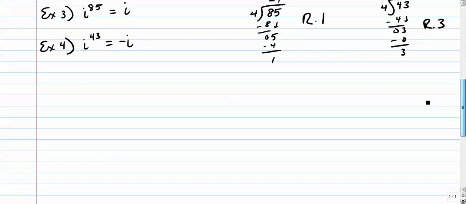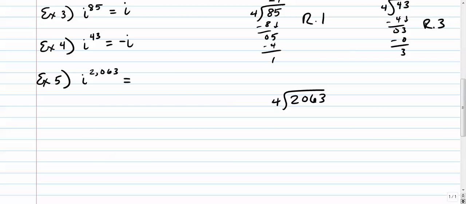Alright, and you can really kind of go crazy with this. Let's in fact do one that's really kind of bizarre. Let's go 2063. If you're ever asked for some reason on a test to figure out i to the 2063 power, all you need to do is divide it by 4 and figure out your remainder.